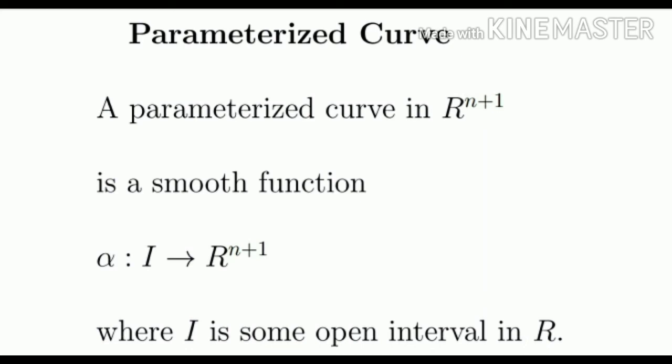Consider the function f(t) = (sin t, cos t) for t belonging to the open interval (0, π), which is a smooth function on the open interval I. Hence, it is a parameterized curve in R^2. Also consider the function f(t) = (t, t²) on any open interval I. We know that this function is a smooth function on any open interval in R. Hence, it is a parameterized curve in R^2.